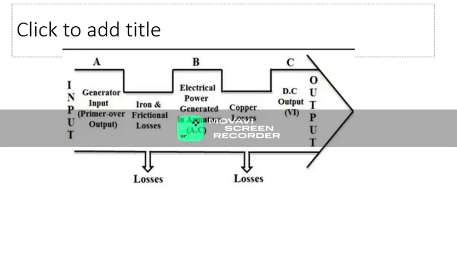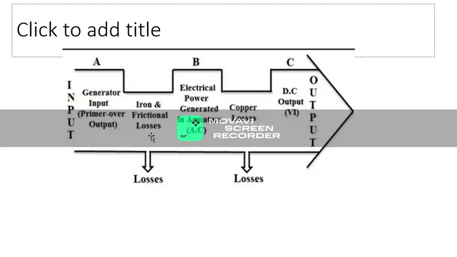We will call it the mechanical power input given to the DC generator, and from that there will be some iron and frictional losses occurring because of the mechanical part. We already said that the mechanical losses are mainly windage loss and frictional losses, and also the constant iron loss, that is hysteresis and eddy current loss, occurs in this machine.